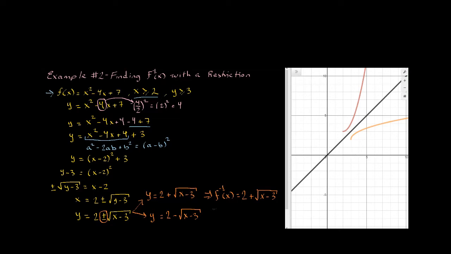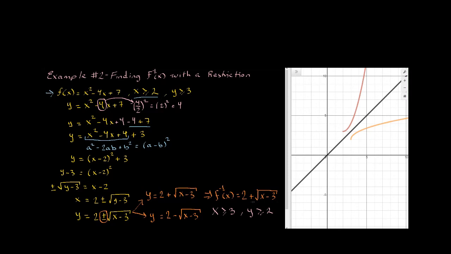That is to say, this f inverse of x has a domain x greater or equal than 3. And all the values of y are above the number 2, so y is greater or equal than 2.